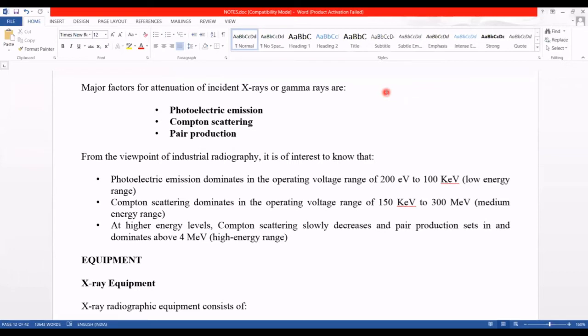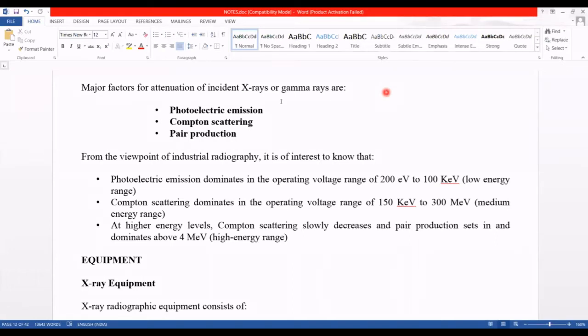Now, photoelectric emission. What is photoelectric emission? Radiation is energy in terms of photons, because radiation comes under the family of light. Light energy is nothing but the flow of photons, not protons, photons.